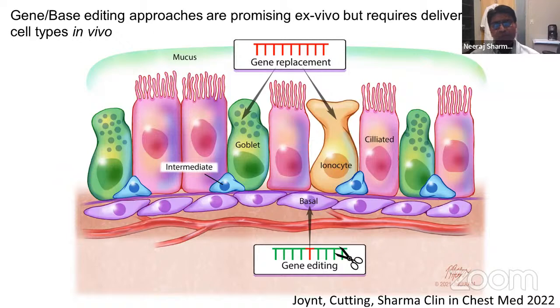If you have to do gene replacements, then of course the cell types to target could be goblet cells or ionocytes, which are CFTR expressing by single cell RNA-seq. It has now been identified that these are the CFTR rich population of cells. So if you have to do gene replacements with these viral vectors, these are the cell types you need to target.